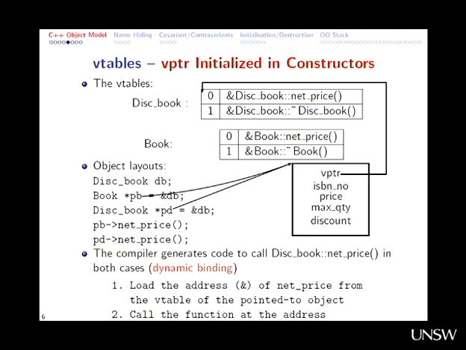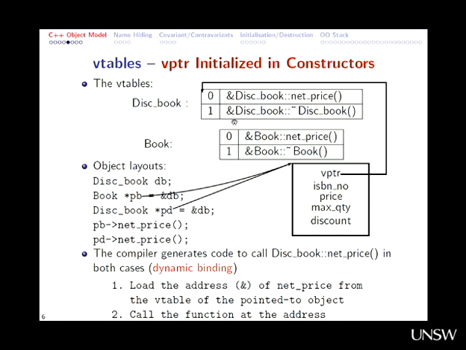So these V-tables and these V-pointers are initialized in constructors. If we look back at book and discounted book, the V-table for book contains the net price function and the destructor. We'll come back to why the destructors are virtual, maybe on Thursday. For discounted book, we also have the net price function, which is virtual, and the virtual destructor.